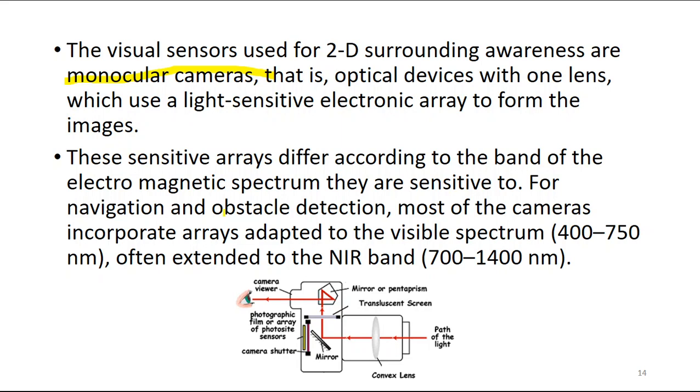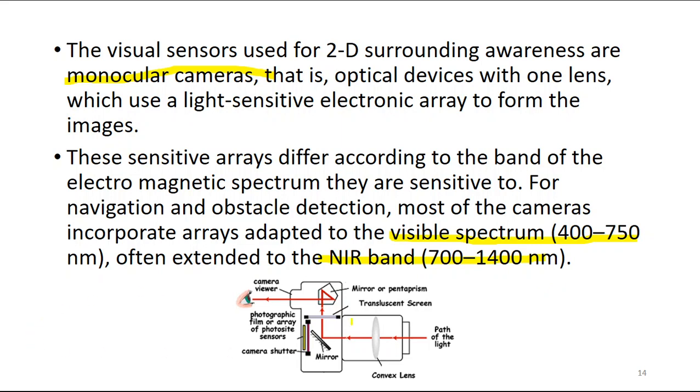For navigation and obstacle detection, most cameras incorporate arrays adapted to the visible spectrum, about 400 to 750 nanometers in terms of wavelength, and often extend to the NIR band, 700 to 1400 nanometers.